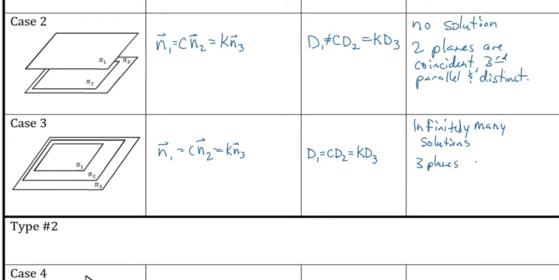There's infinitely many solutions, and the solution is the plane. Generally speaking, we don't state the solution in that case. It just is the plane. But if for some reason you had to, you would write the equation of the plane.